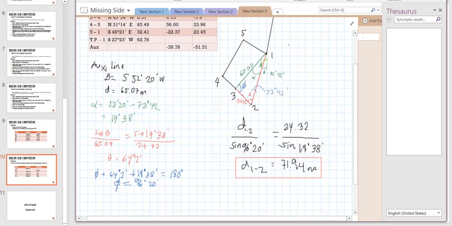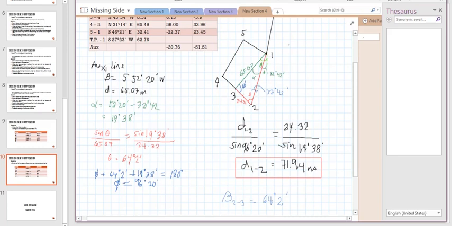Then this is 64 degrees 2 minutes. So for the bearing of 2 to 3, theta 64 degrees minus 32.42.